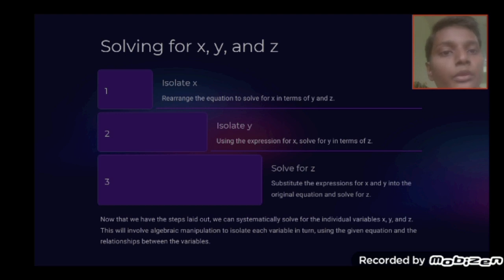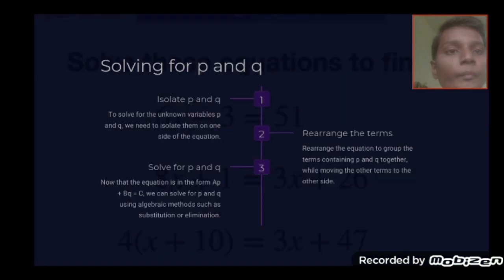Now that we have the steps laid out, we can systematically solve for the individual variables x, y and z. This will involve algebraic manipulation to isolate each variable in turn, using the given equation and the relationships between the variables.